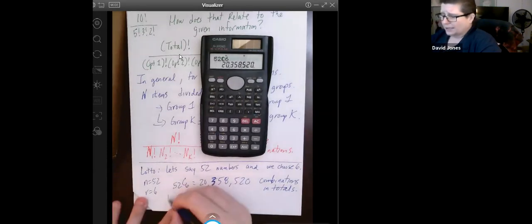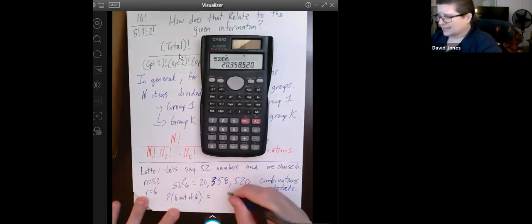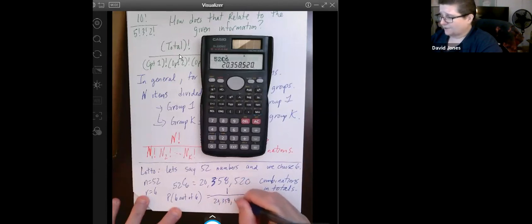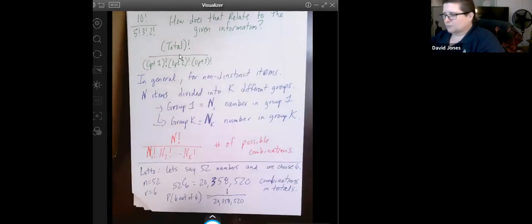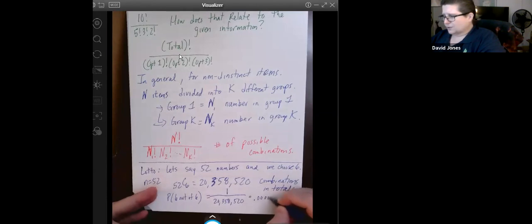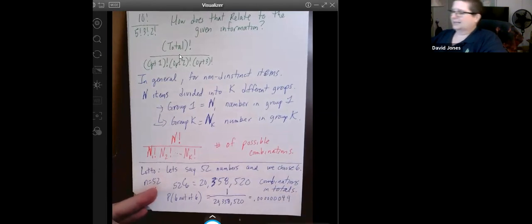So the probability of getting 6 out of 6 correct, there's only one ticket that has that. 1 out of 20,358,520 is a really small number. 0.000000049. Way, way less than 1%.